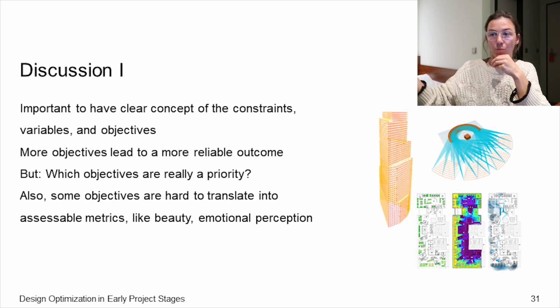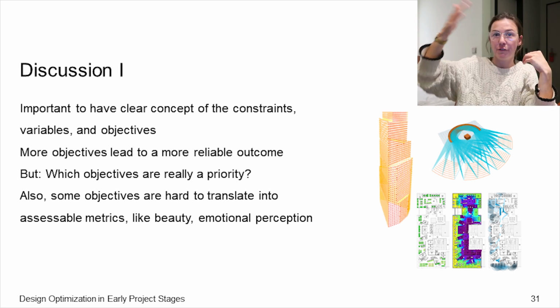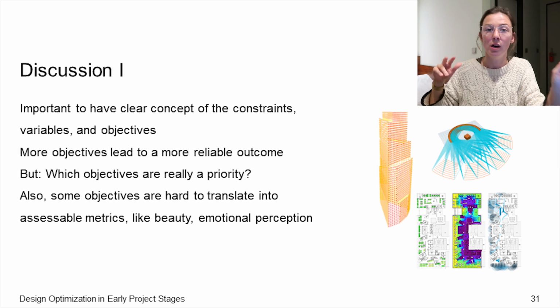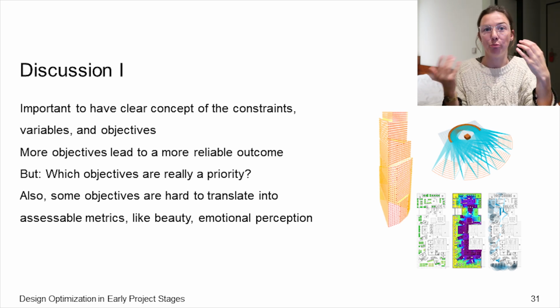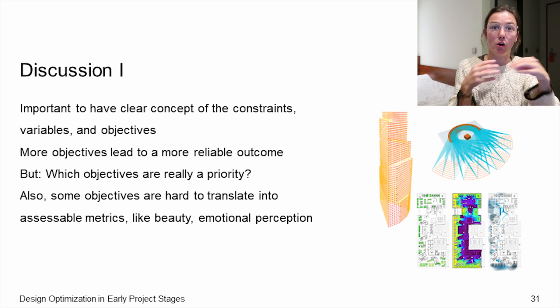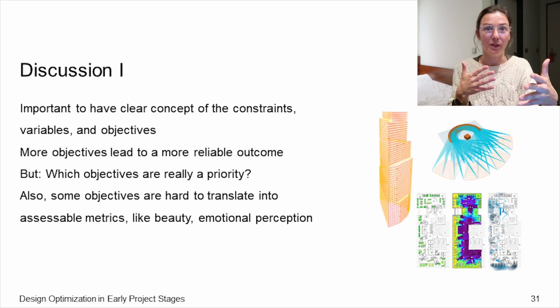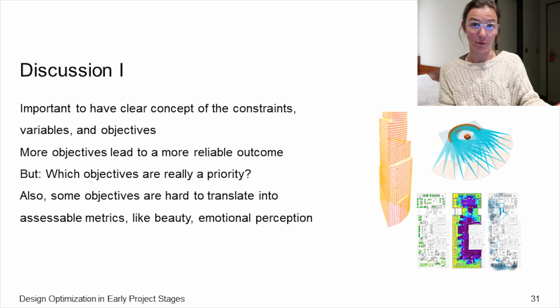Is it really important to have a beautiful view from your desk, or is that something that is more nice to have but not a priority? Because it's easy to implement a lot of different factors, but it will also influence what kind of results you will get.